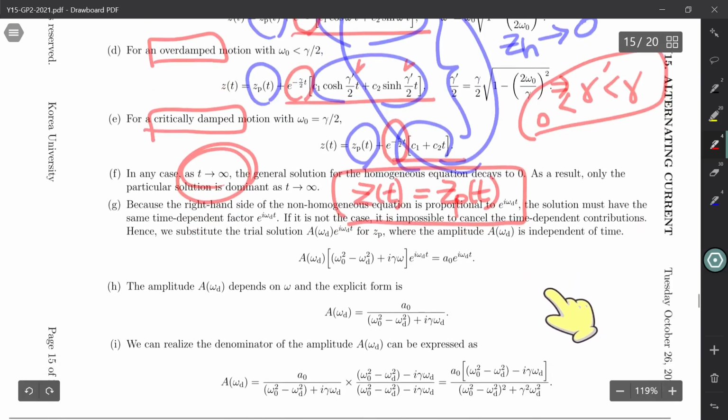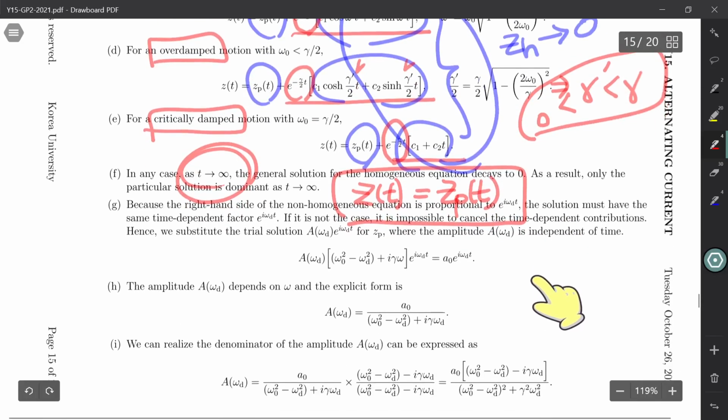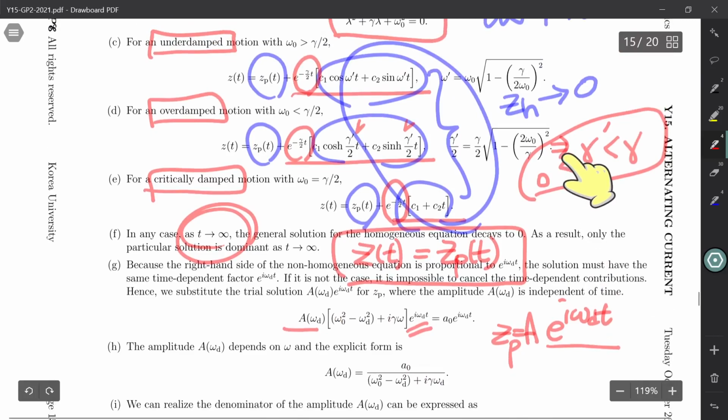Substituting the trial solution, e to the i omega_d t, z particular equals some amplitude A times this. And we have this, and what is this?